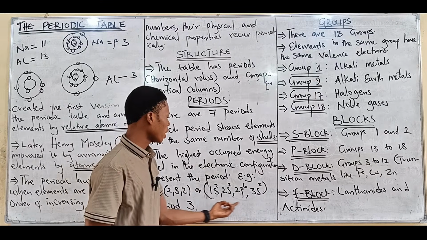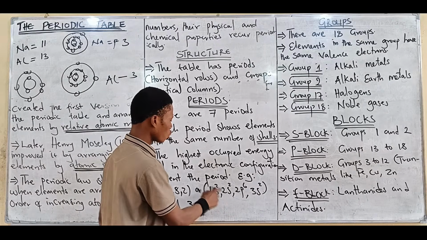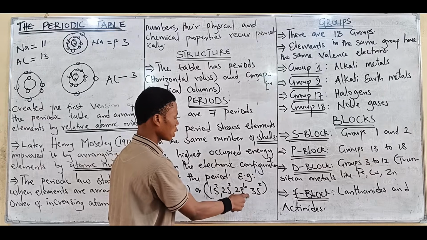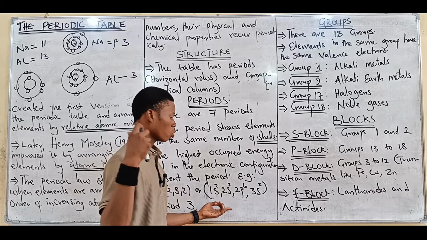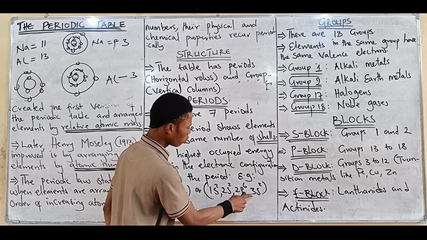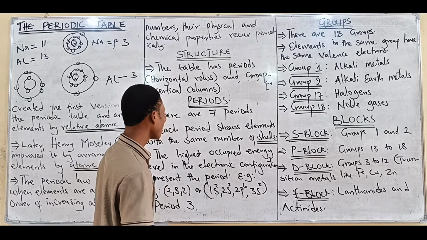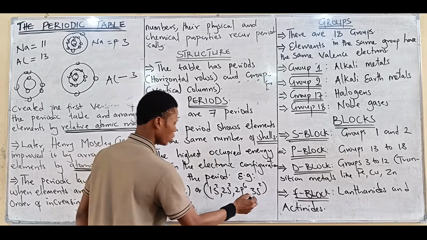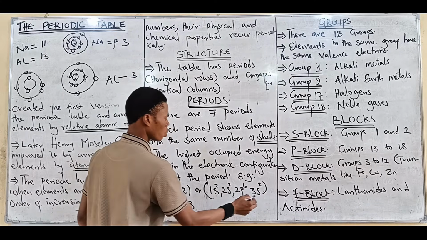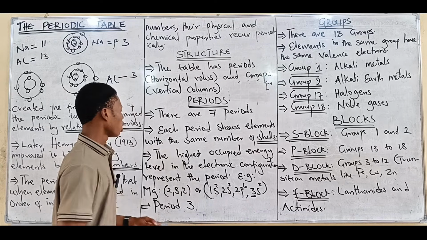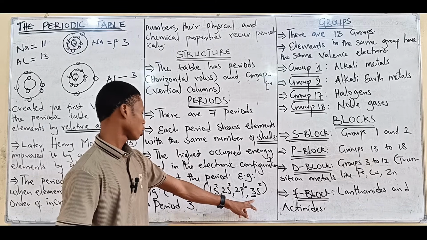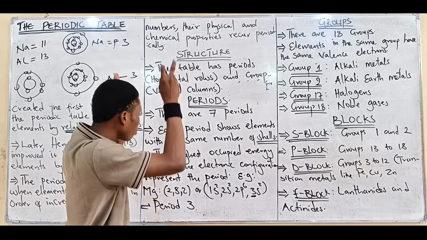But if you look at the electronic configuration, 1s2, 2s2, 2p6, 3s2. If you don't know how to write this, I taught this in the last video, so please go back and watch. Now, if you look at this, the highest energy level here is 3s2. So it means this element falls in period 3 also. Alright, so that's that about the period.